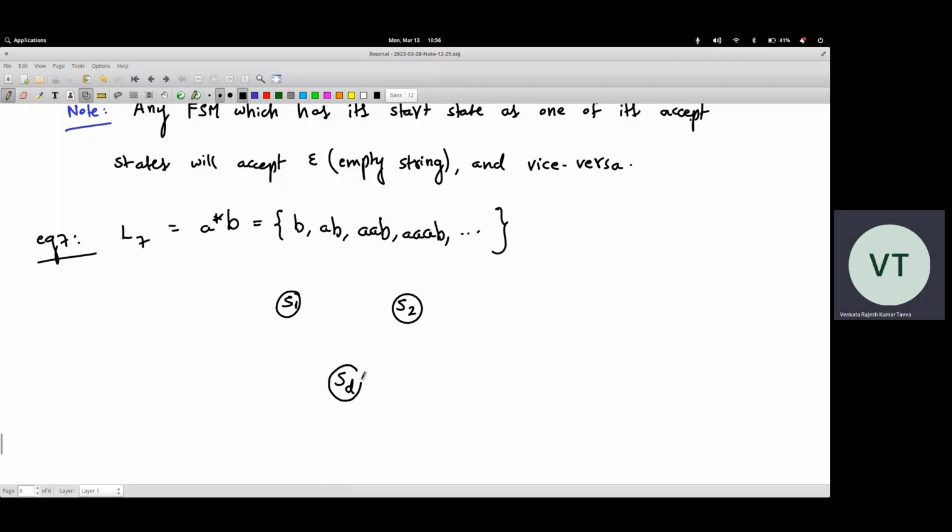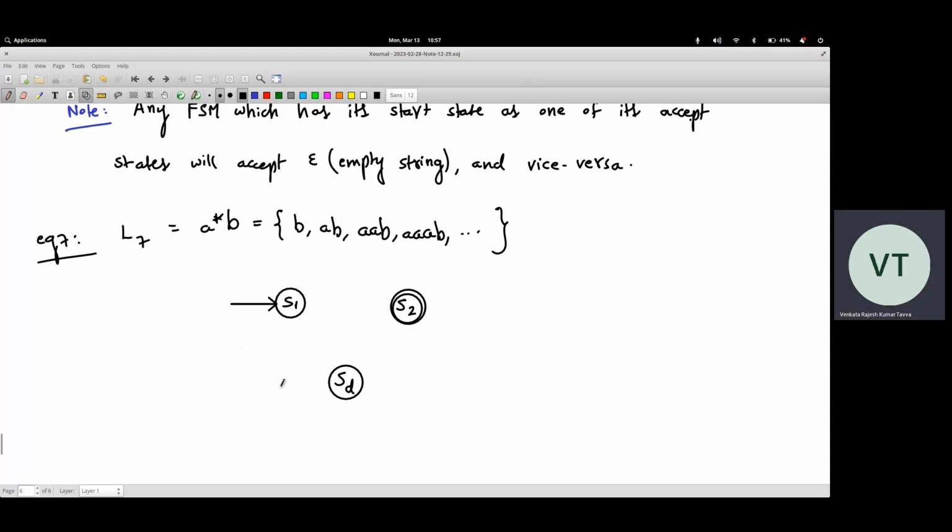So I'm calling it SD. All right. S1 is a start state. What is the final state? S2.